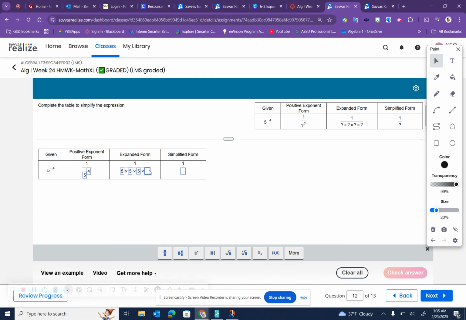So this is 5 times 5 times 5 times 5. If I multiply this out, 5 times 5 is 25, times 5 again is 125, and 125 times 5 is 625.